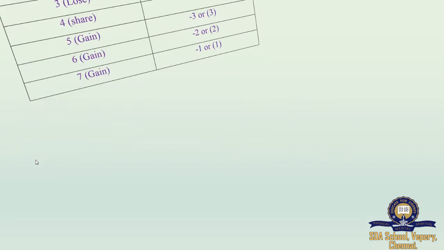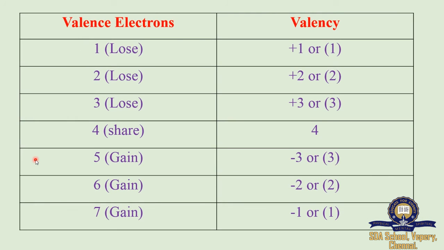So in this table I have given you the valence electrons and the valency. For one valence electron, the valency you can write as +1, or simply 1, since it loses an electron. Likewise for 2 and 3 valence electrons.